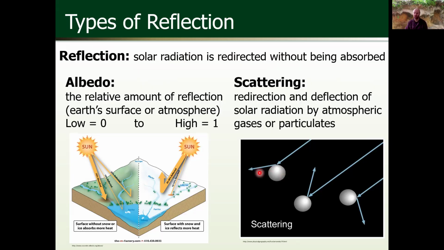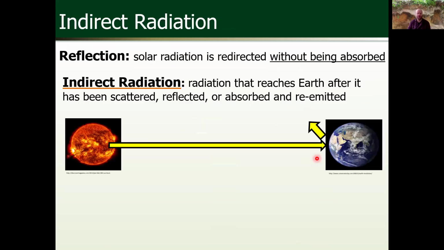Some of this redirected or scattered energy will eventually make it to Earth's surface, while some of that radiation, another percent, will be redirected right back out into space and effectively lost to Earth and its energy budget at that point.